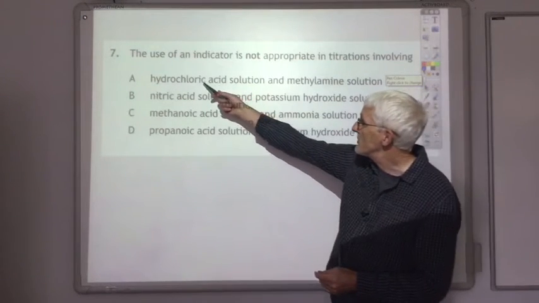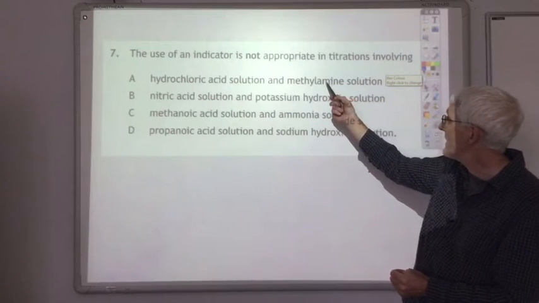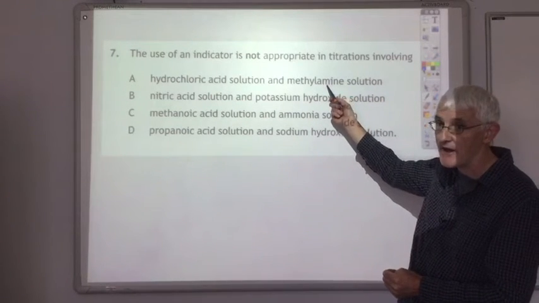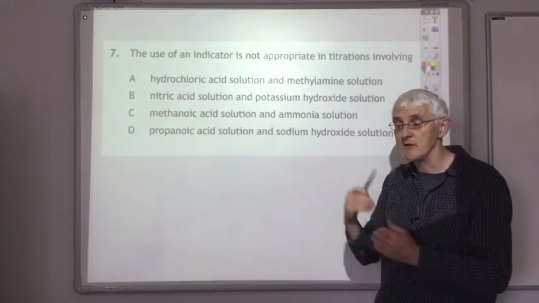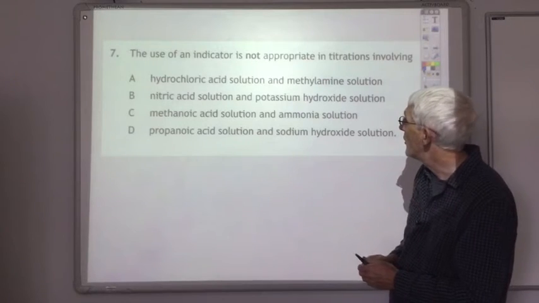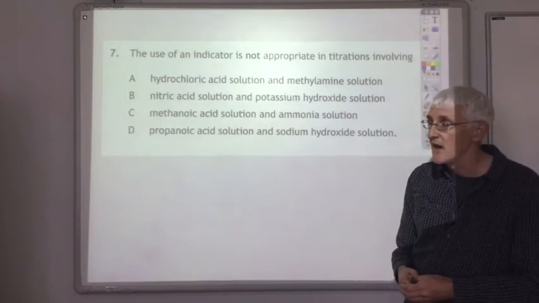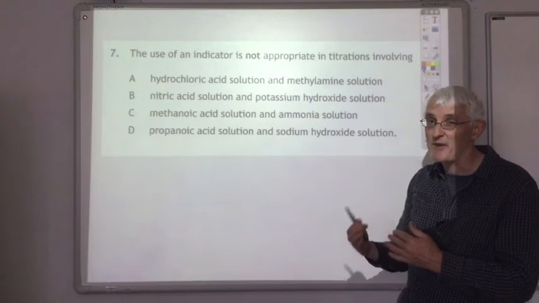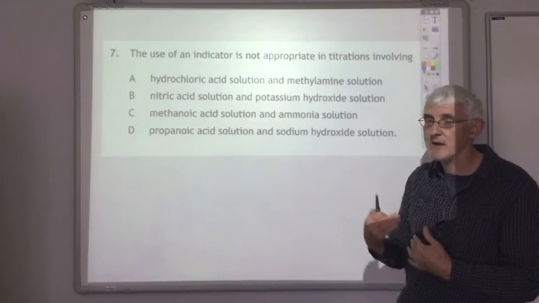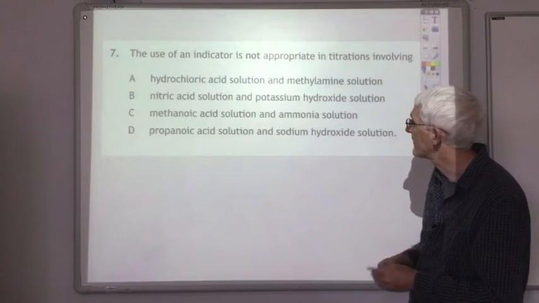Okay, let's look at the options. Hydrochloric acid is a strong acid, methylamine is a weak alkali. You know that because it's listed in your data booklet as a weak base. So strong acid, weak alkali, yeah, we can use an indicator. The end point will have a pH less than 7, but we can still use an indicator because there will be a rapid change in the pH near the end point.